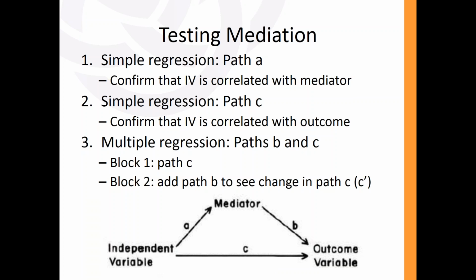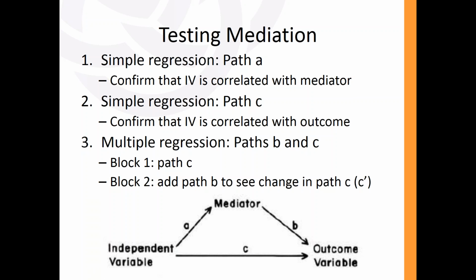And then when you add in path B, it shows you, okay, now once you've added in path B, here's what path C looks like, and it also has a strength and a p-value associated with it. And what we're looking for is the change in that path C, right? That's what this note here is. This C prime. That's what we're looking for, that change in path C. And when you have both of those pieces of information in place, then you can determine whether you had partial or full mediation of the original relationship.